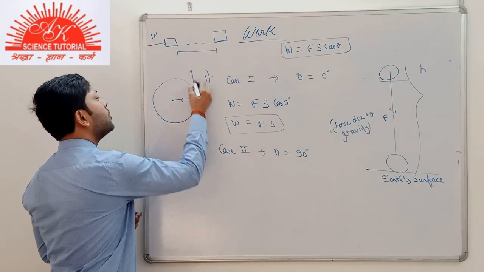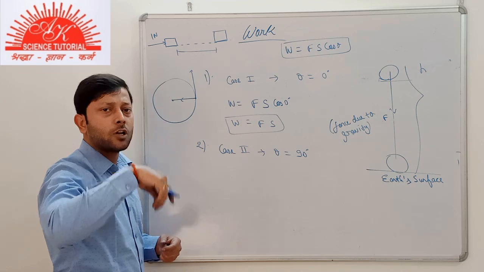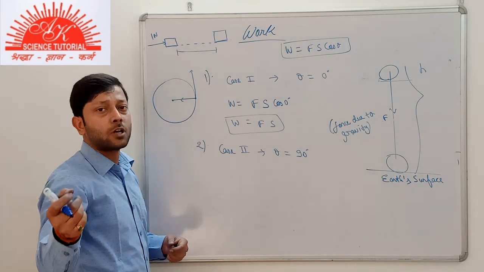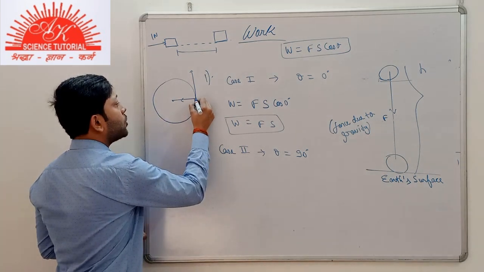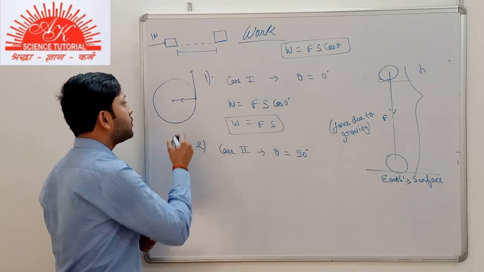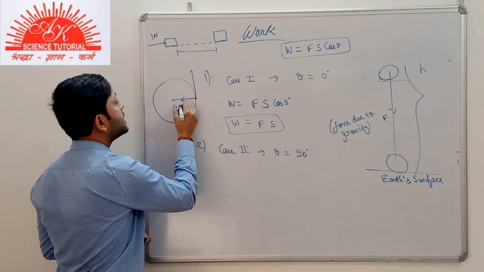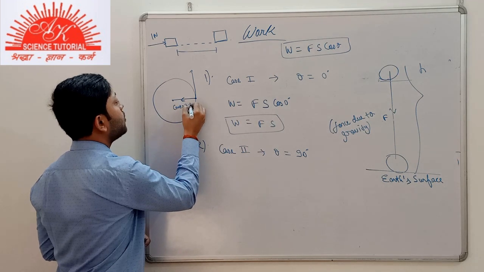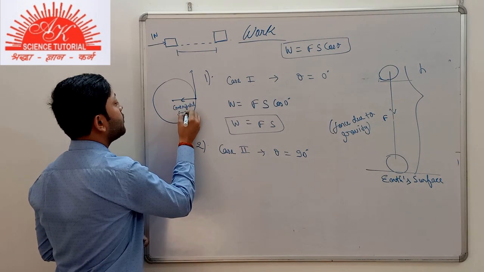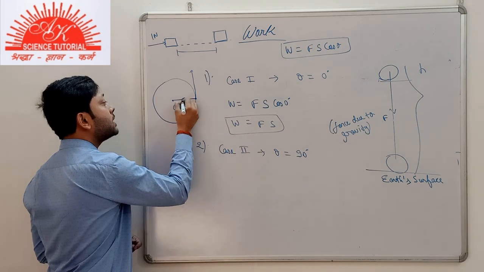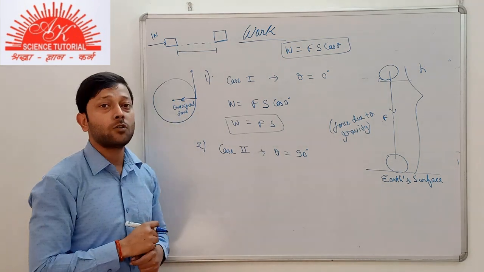So whenever a body is moving on a circular path, whenever a body is performing circular motion, what is the responsible force? The force responsible for this circular motion is centripetal force. You know about it. The centripetal force acts towards the center of the circular path.